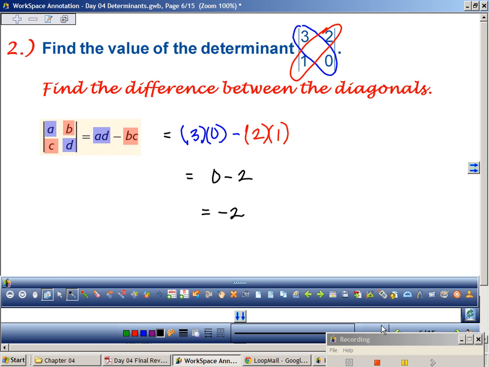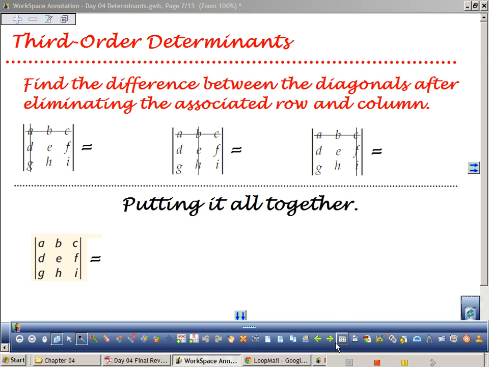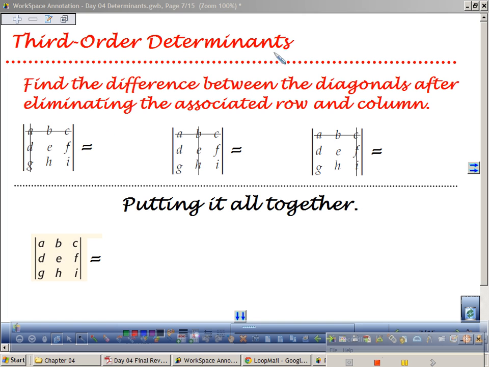All right, let's step it up a notch. Okay, as soon as all the complaining can stop, these are called third order determinants.